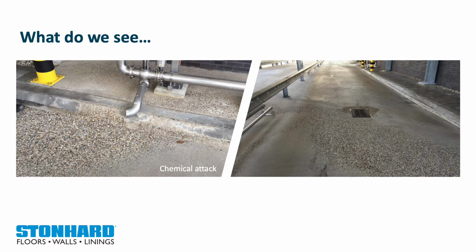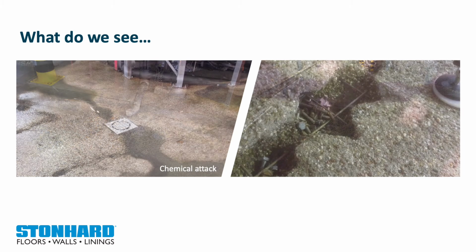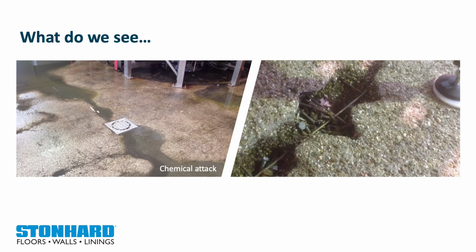This example shows the wearing of unprotected new concrete. Results after only 6 months of SIP cleaning chemicals, higher temperature, and also milk acids. Another example of chemical attack, this time by fruit acids and sugars.